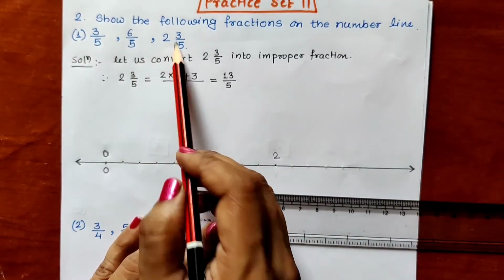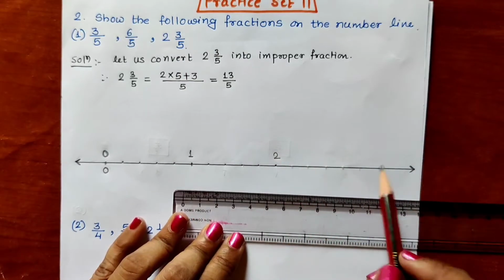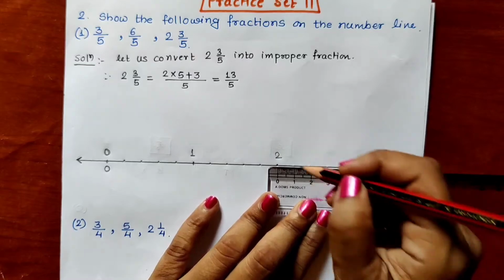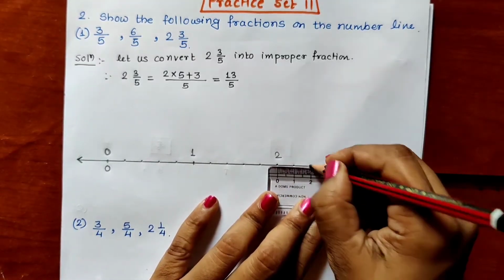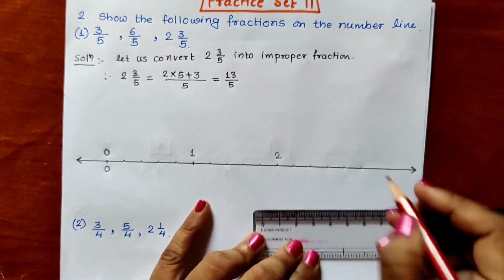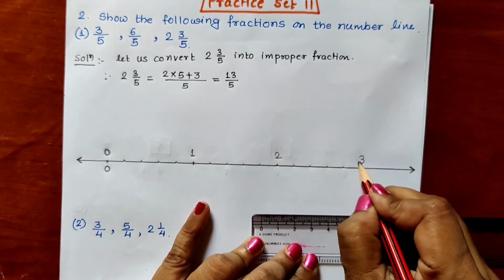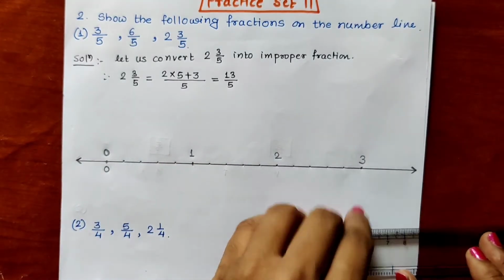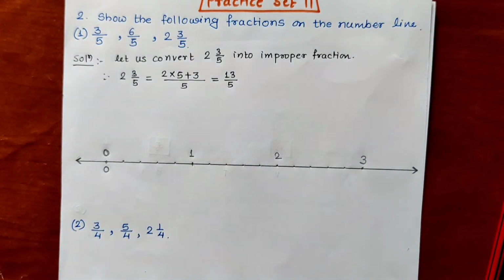Because our denominator is 5. Again 2 to 3 we will be dividing into 5 equal parts. 1, 2, 3, 4, 5. This is 3. So in this way we can divide every unit into 5 equal parts.